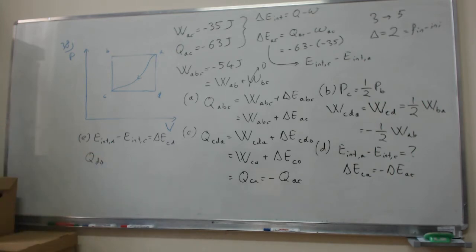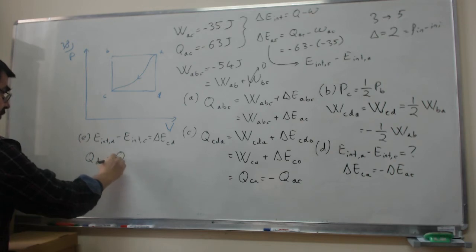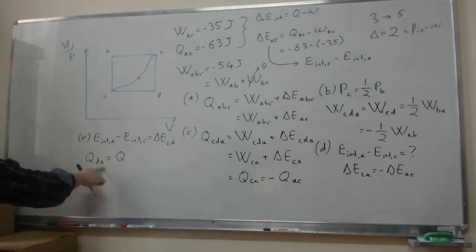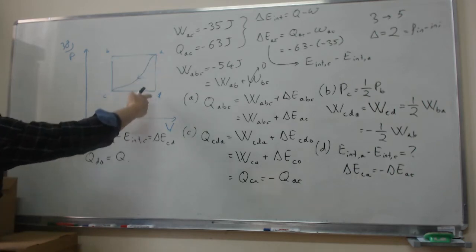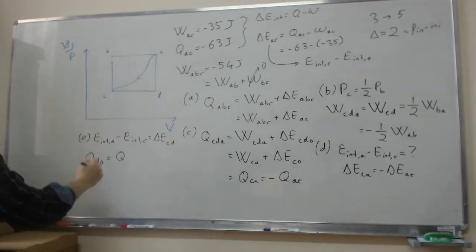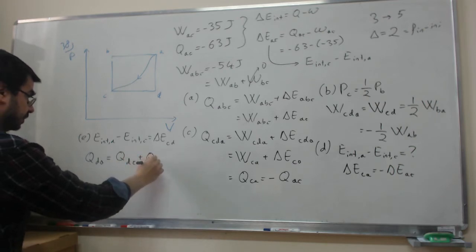Now I want to relate this to this somehow, and one way to do that is, since I'm going from D to A, I can go from D to C to A, right? So Q DC plus Q CA.